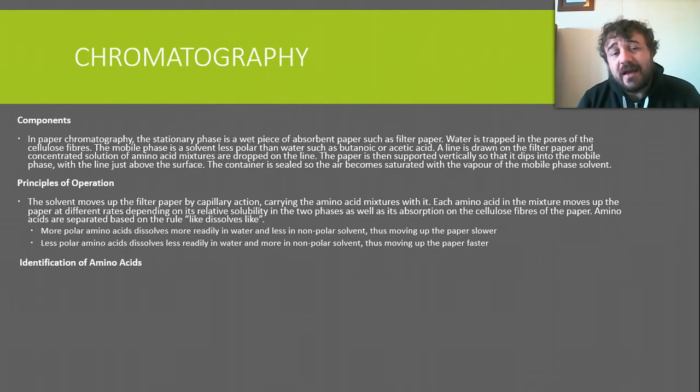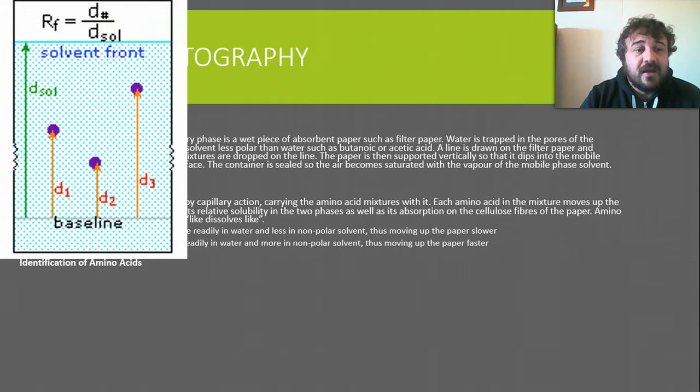A more polar amino acid dissolves more readily in water and less in non-polar solvents, and will move up the paper slower. Less polar amino acids dissolve a bit less readily in water and more in a non-polar solvent, and will move up further. Remember, we use a solvent which is less polar than water, so acetic acid quite often.